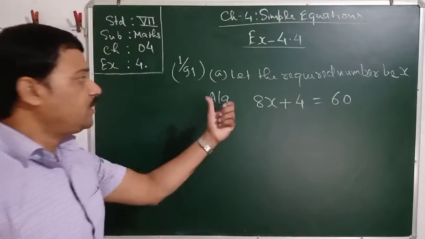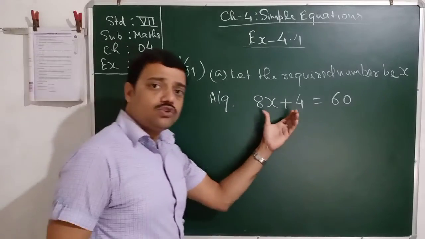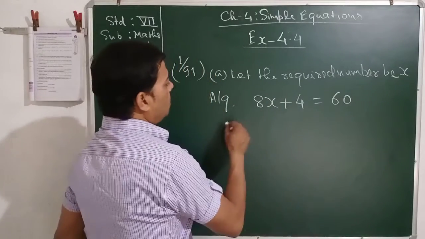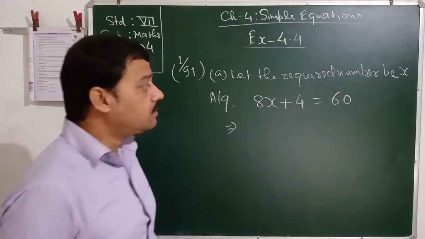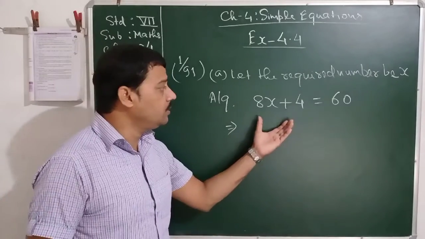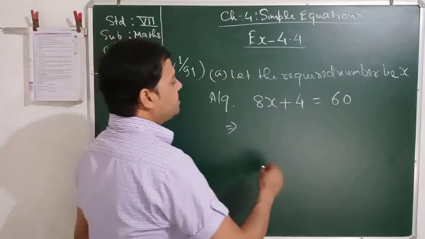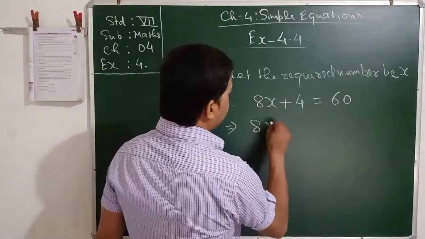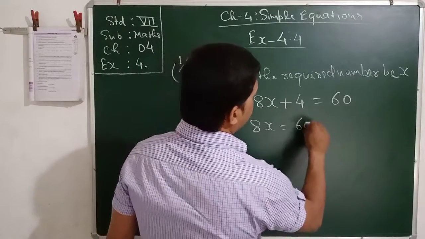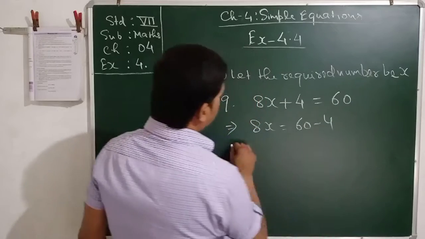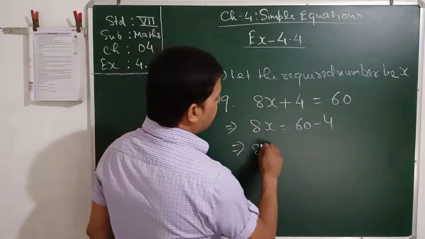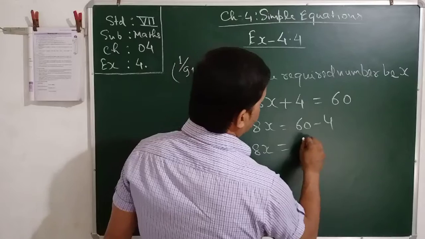Once you got the equation, now we need to solve it. Very simply you can solve it. So many ways I have taught you. Transposing you will find much more suitable here. See how: 8x equals 60 minus 4. In the next line, 8x equals 56.